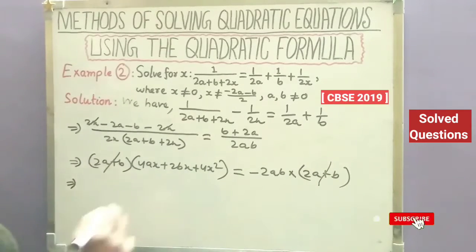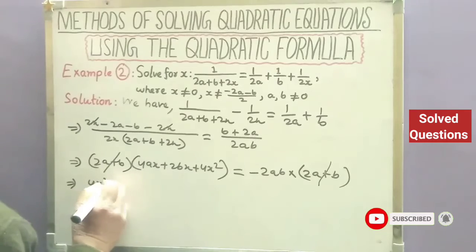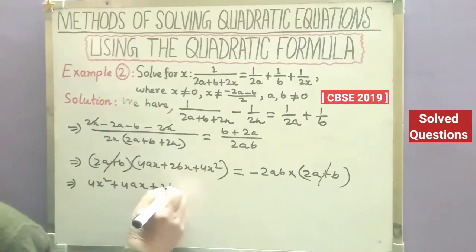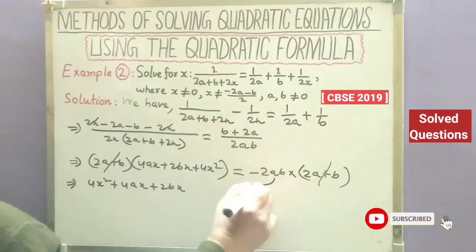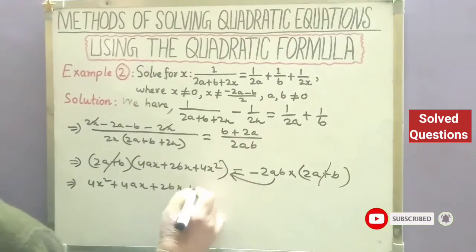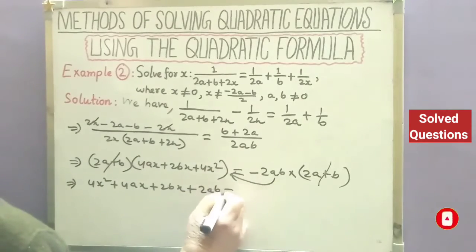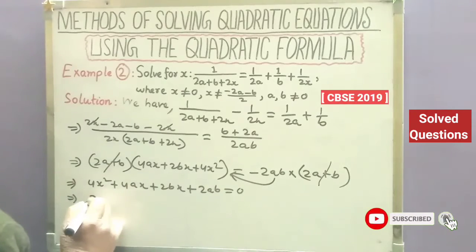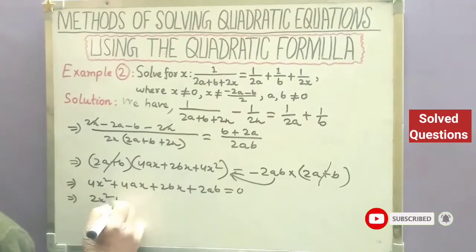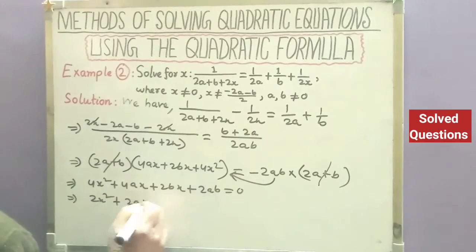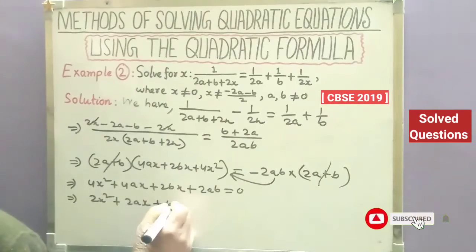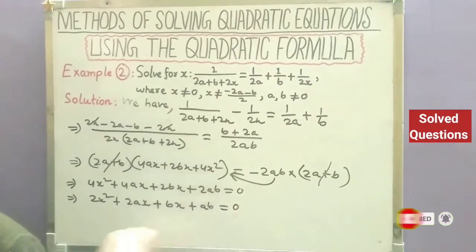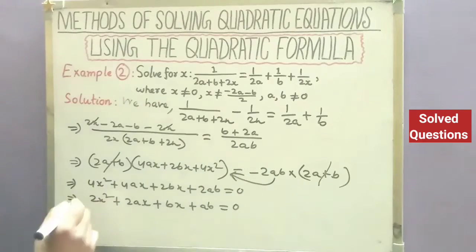Cancel 2a plus b on both sides. We get 4x square plus 4ax plus 2bx plus 2ab equal to 0. That implies 2x square plus 2ax plus bx plus ab equal to 0.